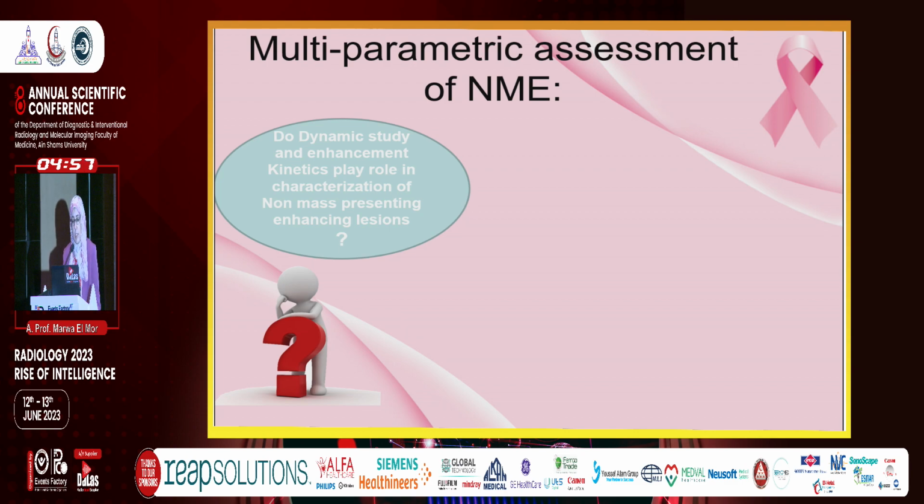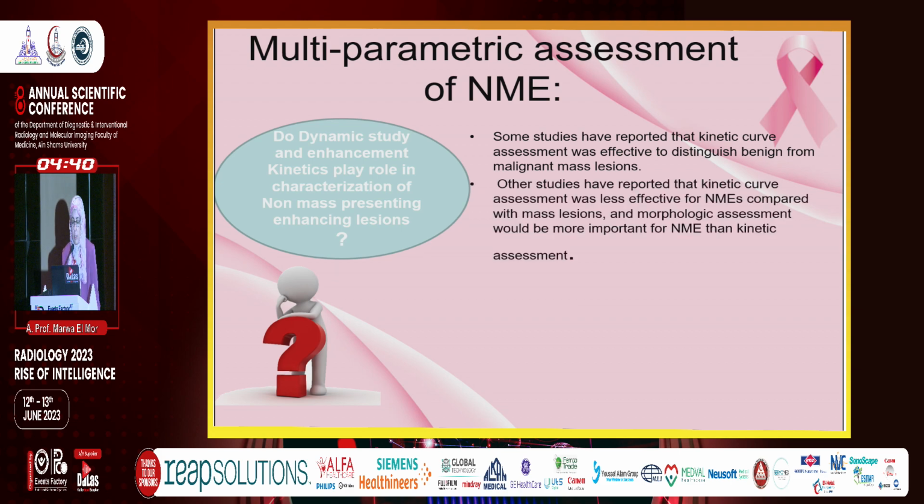Do dynamic study and enhancement kinetics play a role in characterization of non-mass enhancing lesions? Some studies have reported that kinetic curve assessment was effective to distinguish between benign and malignant mass lesions. Other studies have reported that kinetic curve assessment was less effective for non-mass enhancement compared with mass lesions, and morphological assessment would be more important for non-mass enhancement lesions than kinetics.